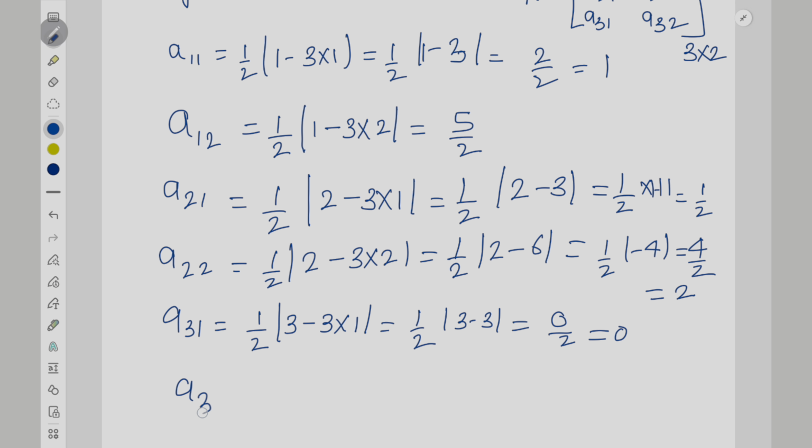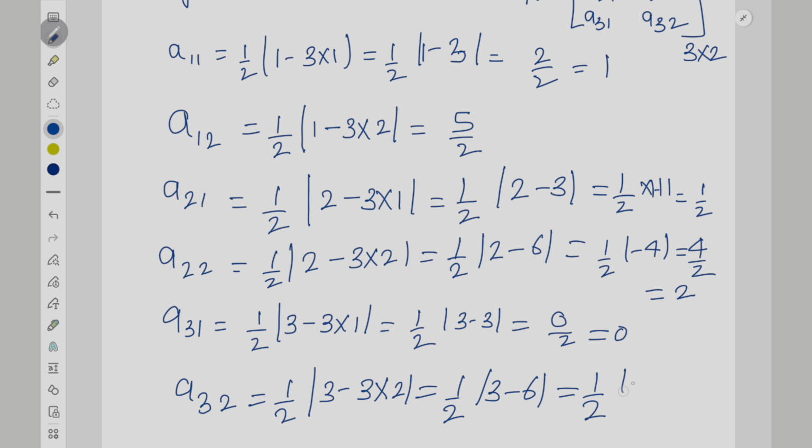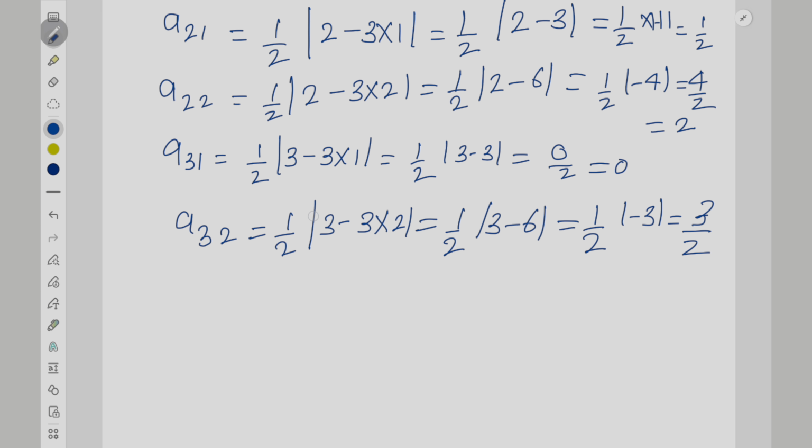And similarly, A32 is equal to 1 by 2 times the modulus of 3 minus 3 multiplied by 2, since j is equal to 2. That is 1 by 2 times the modulus of 3 minus 6, which is the modulus of minus 3, so it is 3 by 2.